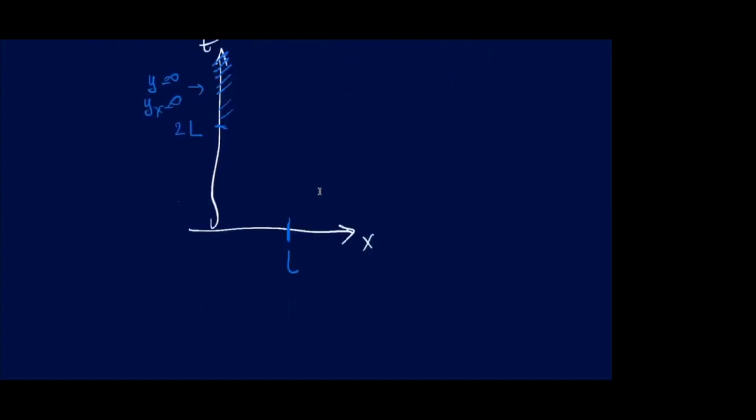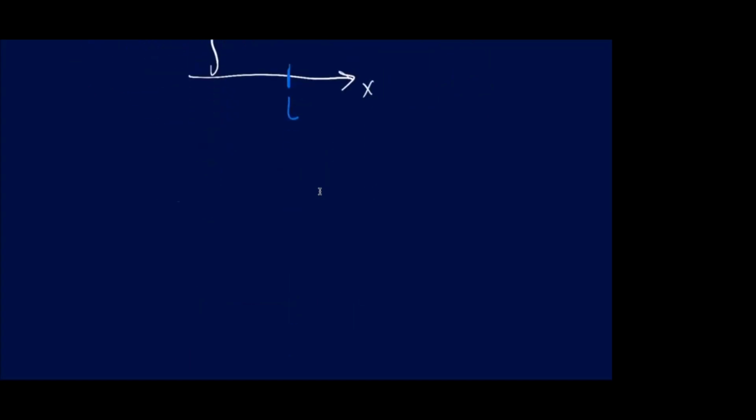So then we will be in a situation where, if I draw the system again, x, t, and L, after time 2L, over here, y is equal to 0 and yx is equal to 0.